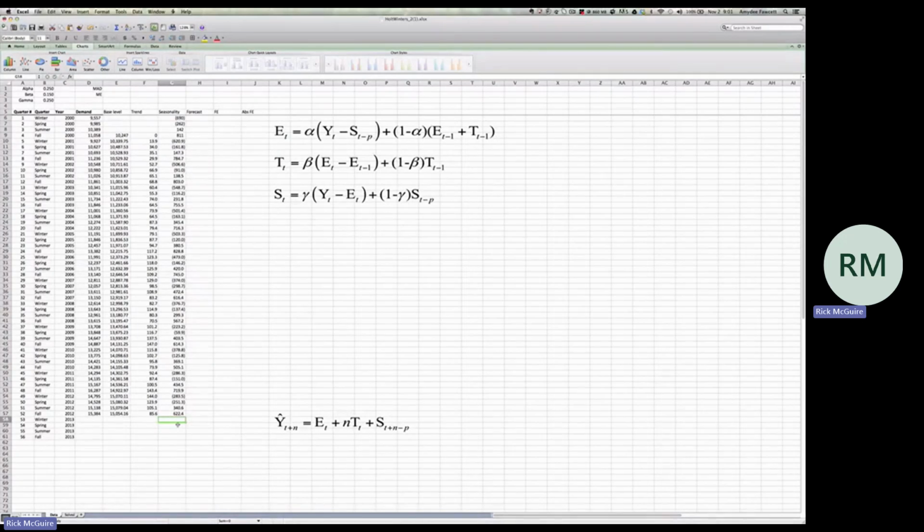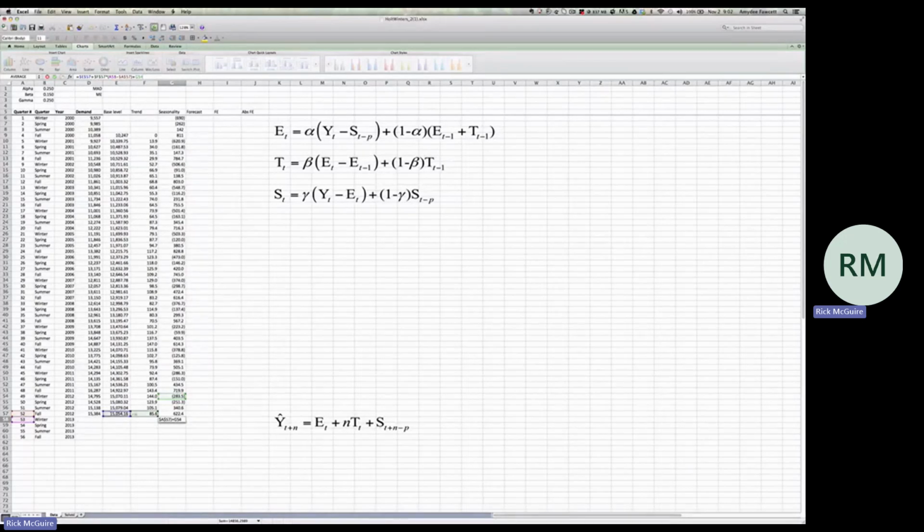In other words, I can calculate my forecast for the year 2013, which would then be equal to, as we see to the right, the formula: the most recent base level estimate E sub t plus the most recent trend component T sub t. And now, of course, I want to make sure I add this the appropriate number of times, which will be the difference between the current period and the most recent period with an actual demand observation, which is period 52.